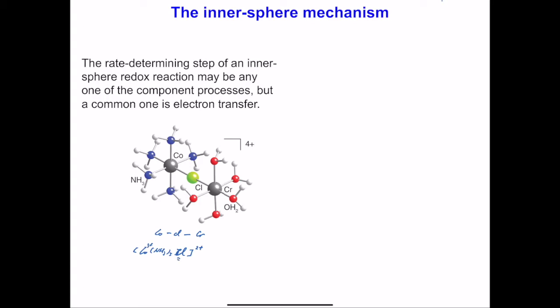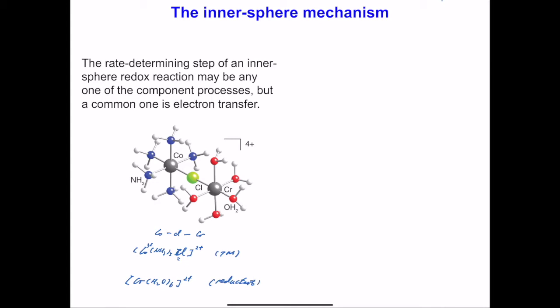Then we have chromium water 6, overall 2 plus. That's the transition metal reductant.